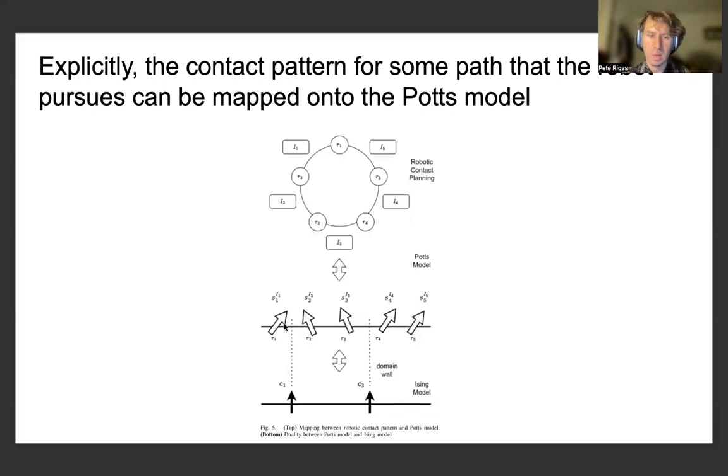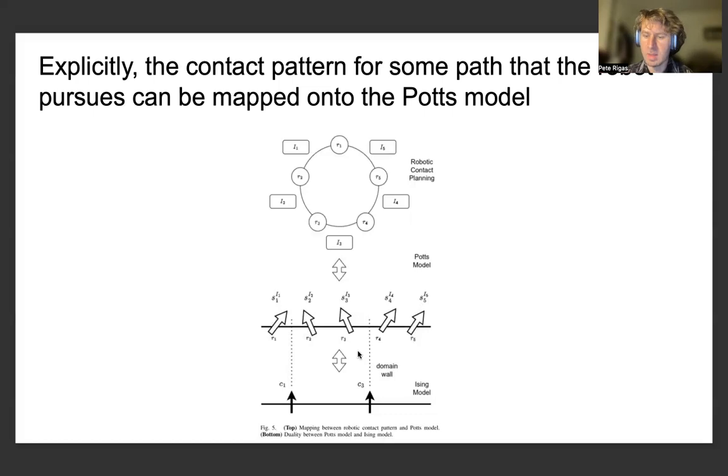And in this case, we can see that from the points along the circle, R1, R2, R3, R4 through R5, we can define spins on a domain wall, which is given by precisely all of the spins which lie along the boundary of some finite volume that we're defining the probability measure for the Potts model over, in terms of the spins which lie on the boundary, which the authors from the geometry of contact paper label as S1 of I sub 1 through S5 of I sub 5.